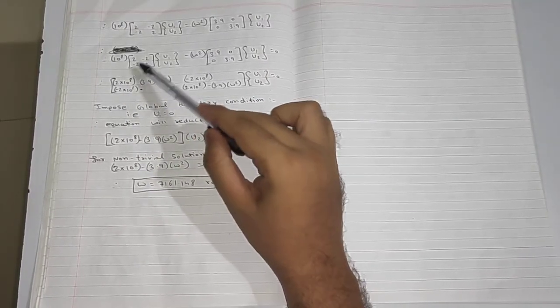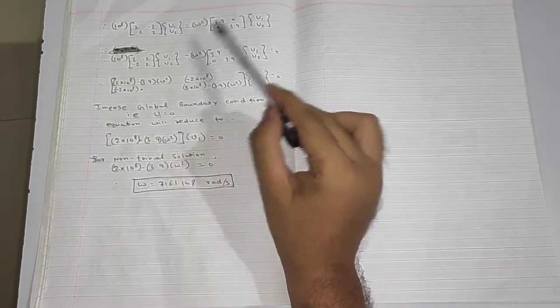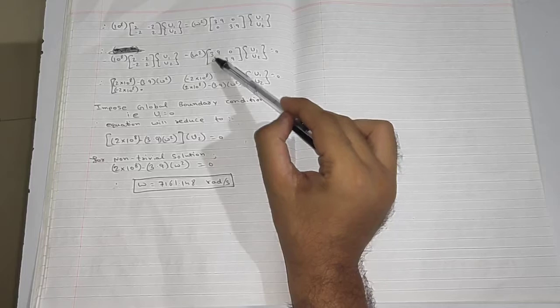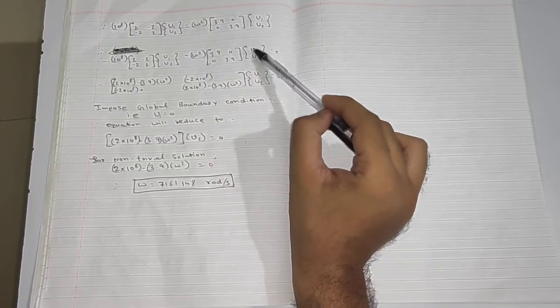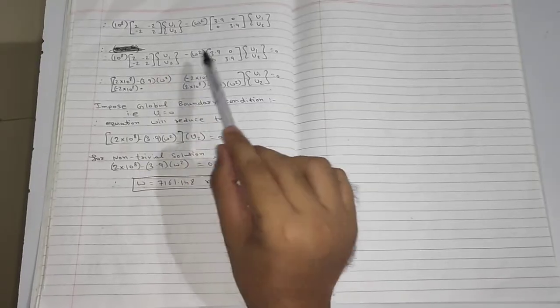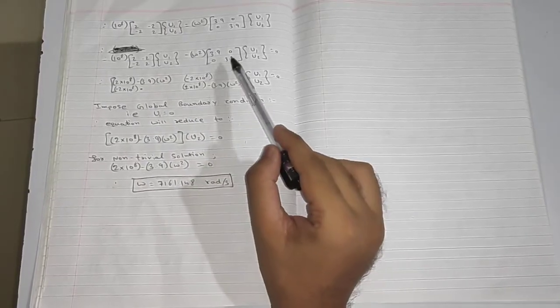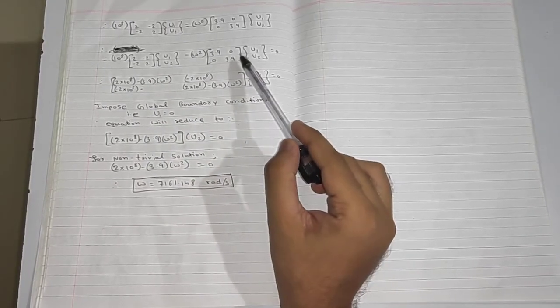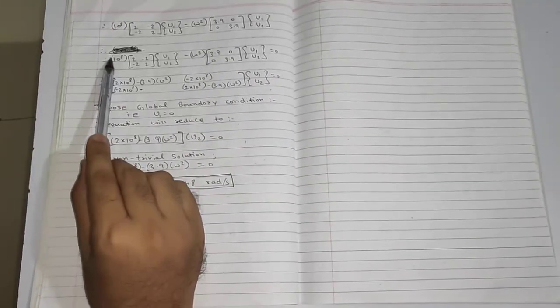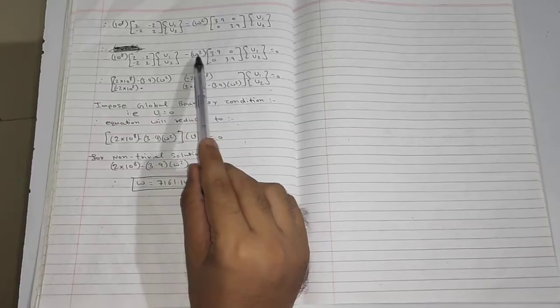Now the 10 raised to 8 matrix 2 minus 2 minus 2 2 times u1 u2 term will go on the left hand side, so it will become negative: minus w square, matrix 3.9 0 0 3.9, u1 u2 equal to 0. Now we take u1 u2 common and, by using the subtraction property of matrices, subtract this term. So the first term is 2 into 10 raised to 8 minus 3.9 w square.